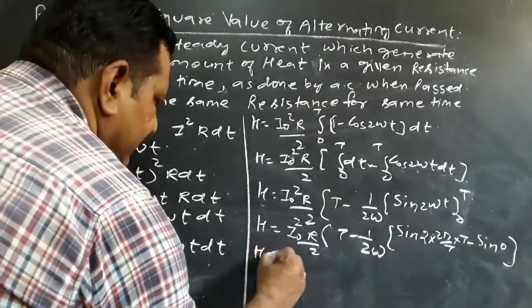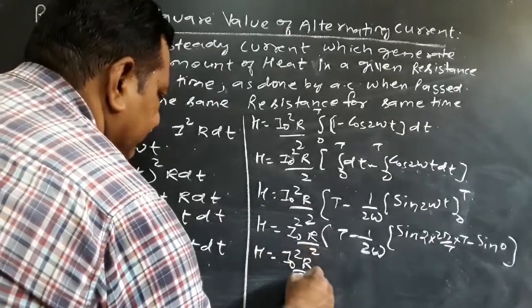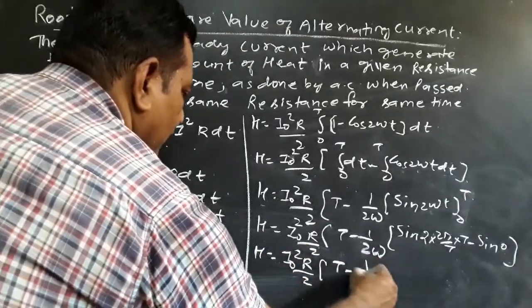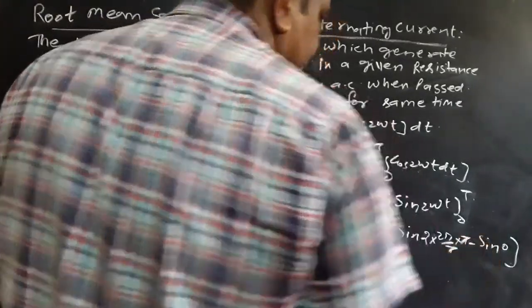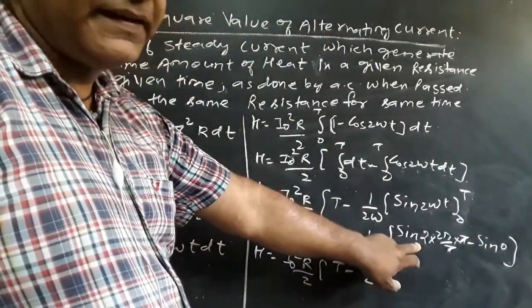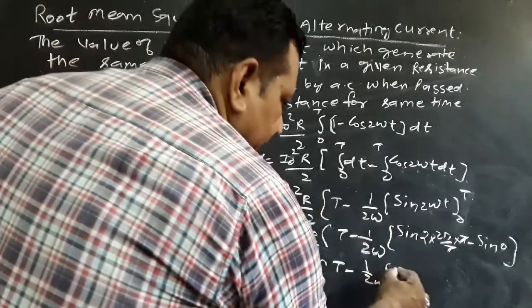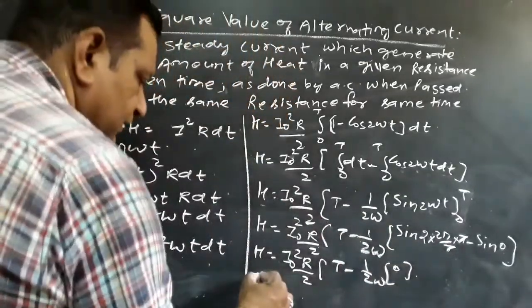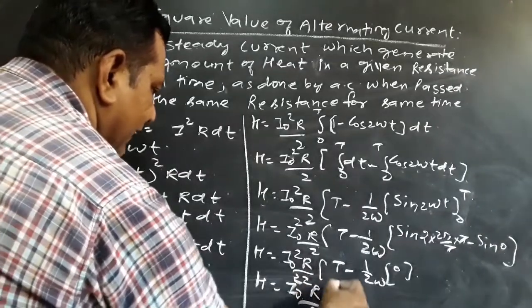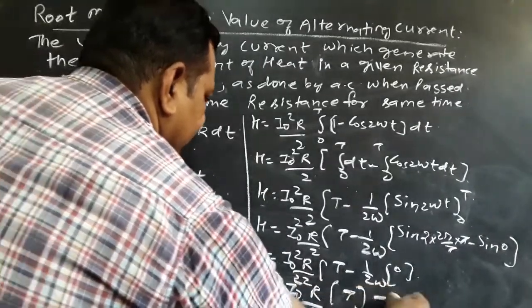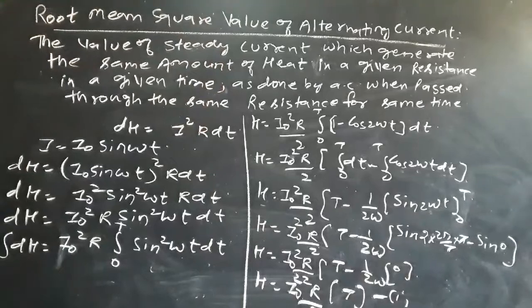So we get H is equal to I naught square R by 2, 1 by 2 omega, cancelled, sin 4 pi is 0, sin 0 is 0. So we get H is equal to I naught square R by 2 into T, equation number first.